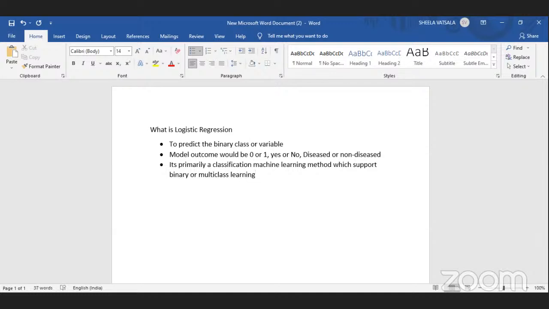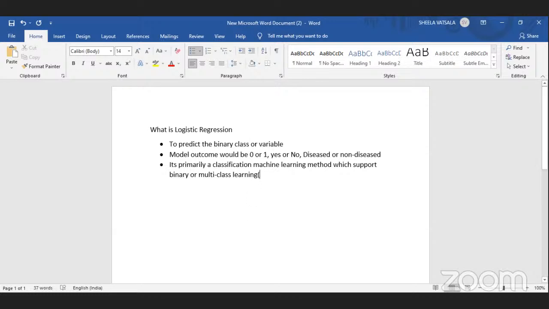With multi-class, I am trying to say that you could have more than two classes. It could be in a sort of order, like low, medium, high. We'll dig deeper into how it works.